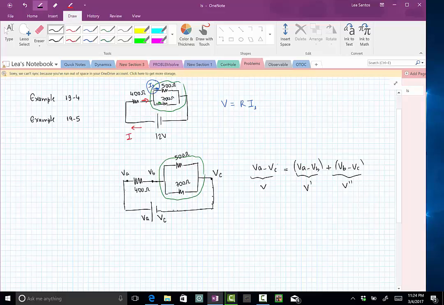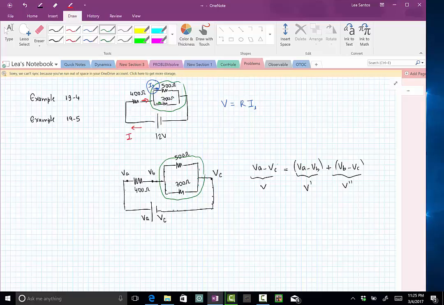So it's VB here, VB here, VB here, and it's VC here, VC here, VC here. So the potential difference for the resistance 500 is the same as the potential difference for the resistance 700.